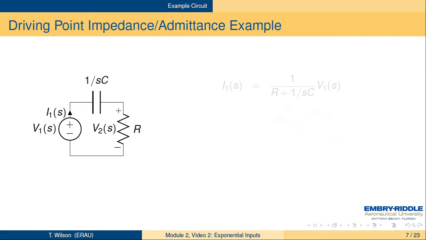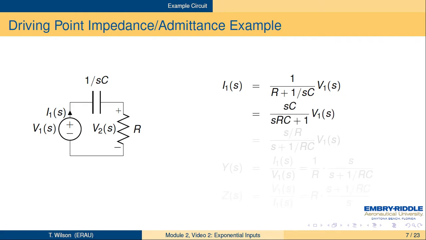First, the admittance. To find the admittance, we divide the input current by the input voltage, which is the series resistance of the capacitance in series with the resistor. That's just R plus 1 over SC. And then we do our standard processing here, where first we want to clear out the compound fraction by multiplying through by SC over SC, and then we want to get a leading coefficient of 1, so we divide by RC over RC.